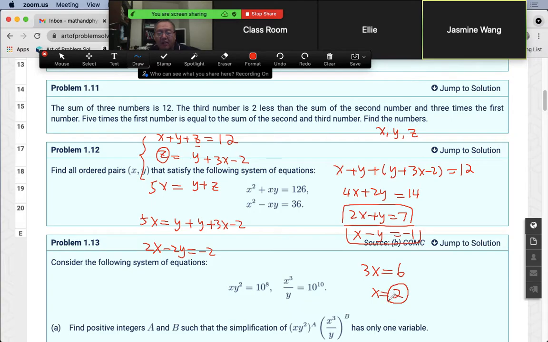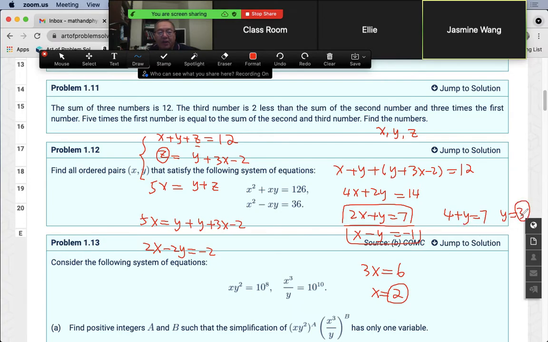This is an x. After you get an x, you can plug into any of these two equations to find a y. So we can plug into the first equation. You get that will be 4 plus y equals 7. So therefore we get y equals 3. Okay, y equals 3.